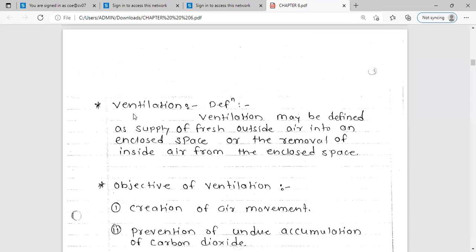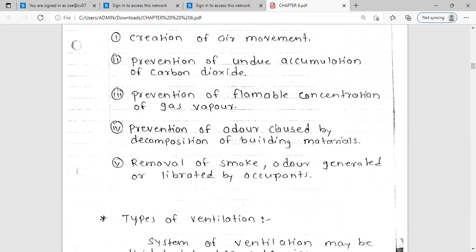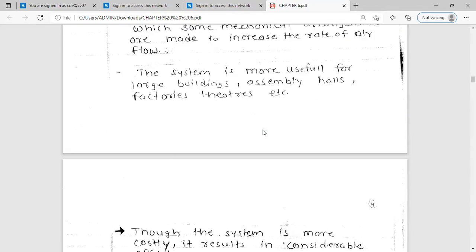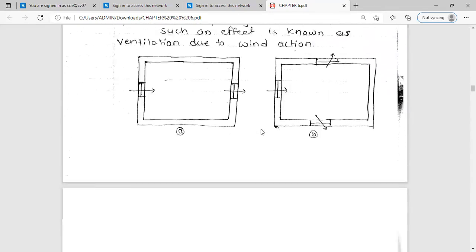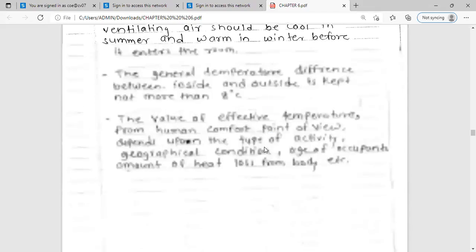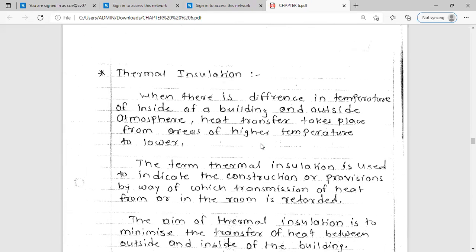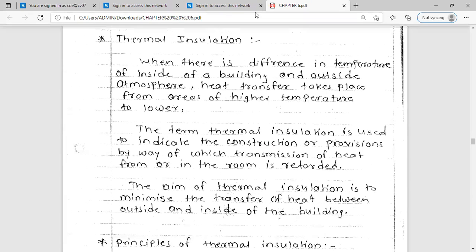I think ventilation we have already discussed. Thermal insulation remains. The next point is thermal insulation.